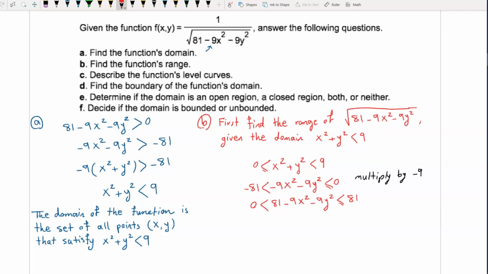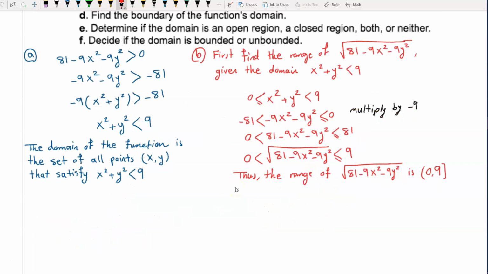Now take the square root of all parts of this inequality. So here is 0 less than the square root of 81 minus 9x squared minus 9y squared less than or equal to 9.